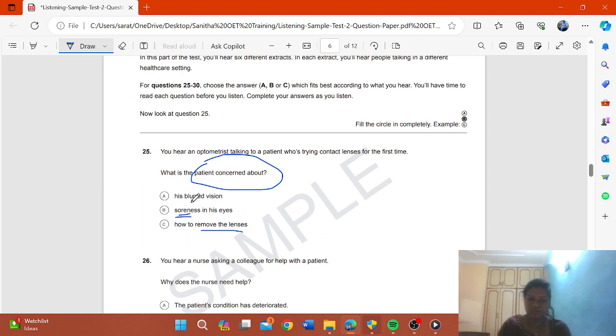In these options you will hear some of the words which are present in the options. If you hear any words which are present in the option, that won't be the answer. That is tip number 1.